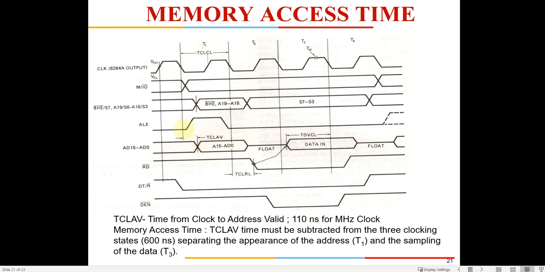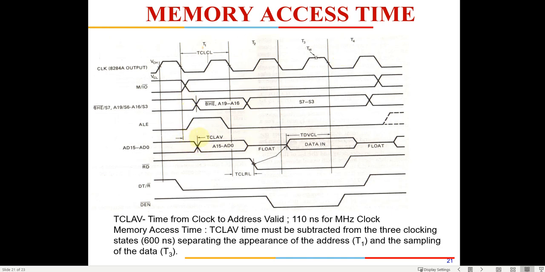The memory access time is a specification of the memory which we are going to connect. The read operation is actually 600 nanoseconds, but you have to cater for this time additionally.